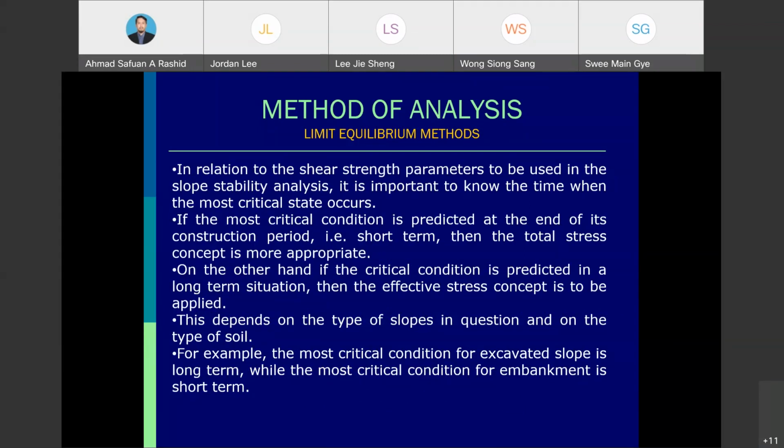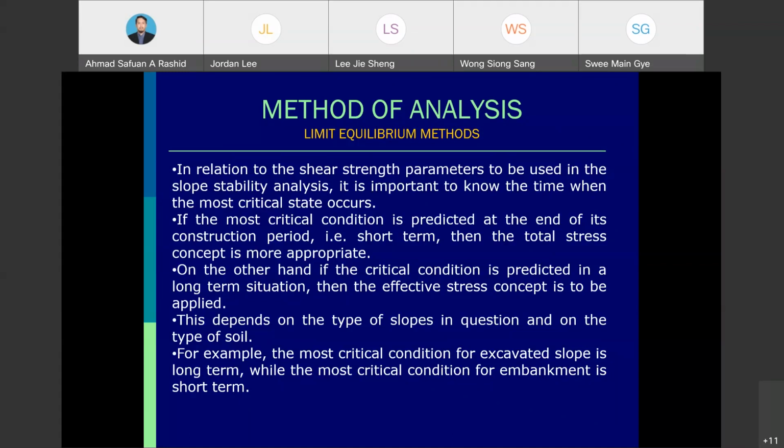For example, if you want to investigate the condition right after the construction is completed, then we may use the short term analysis. On the other hand, if the critical condition is predicted in the long term situation, then the effective stress concept is to be applied.